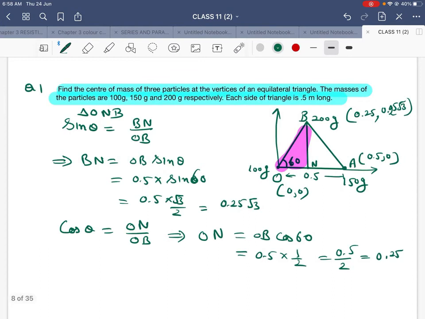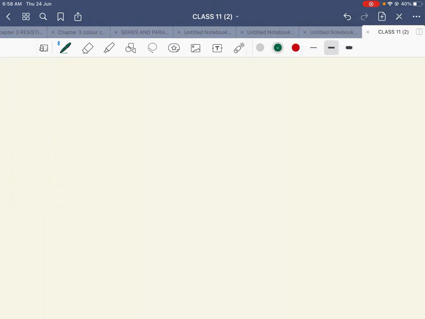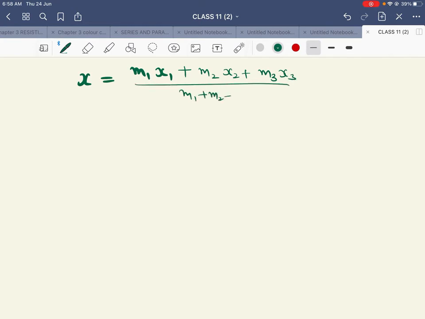Now the x coordinate is given as x equals m1 x1 plus m2 x2 plus m3 x3 divided by the total mass, that is m1 plus m2 plus m3.